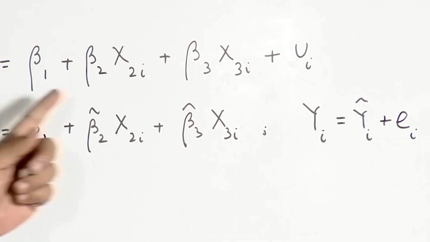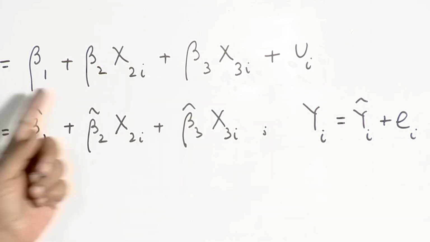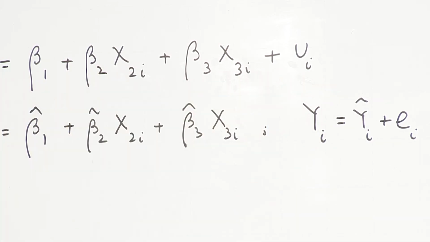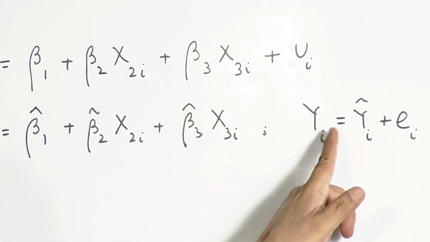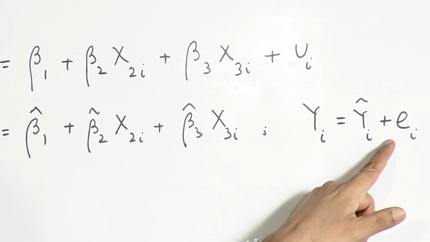So, y i is the actual or observed equation, y hat i is the estimated equation, and the difference between the two is called the error of estimation.